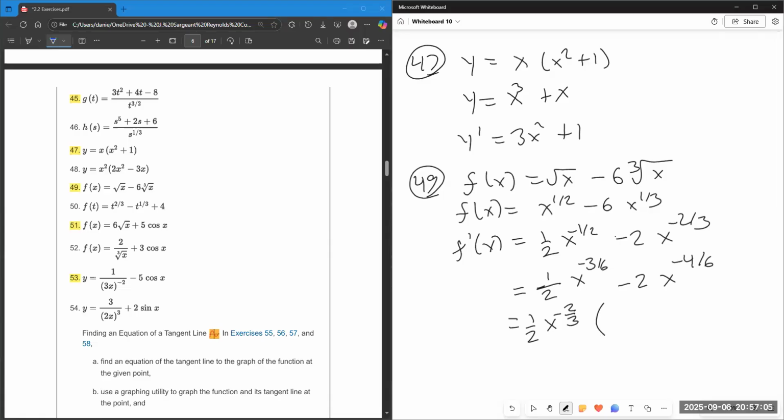And that's going to leave me with x to the 1/6 minus 4. So that is the 6th root of x minus 4 over 2 times the cube root of x squared.